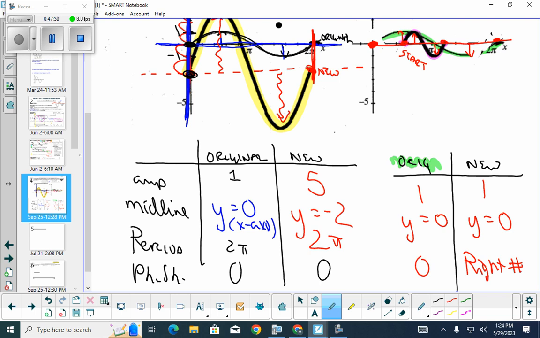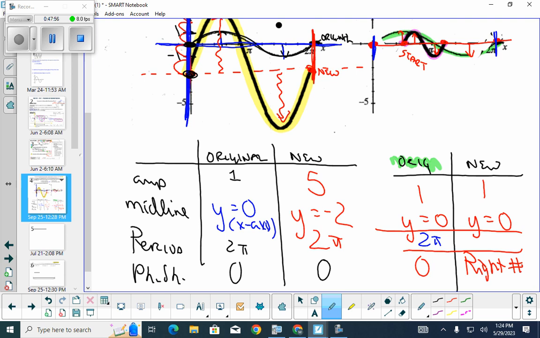Okay, period. So my green went from 0 to 2 pi. Okay, what I want you to do, put your finger on the very first peak on the y-axis. I've erased mine, that's why I can't do this on the board.